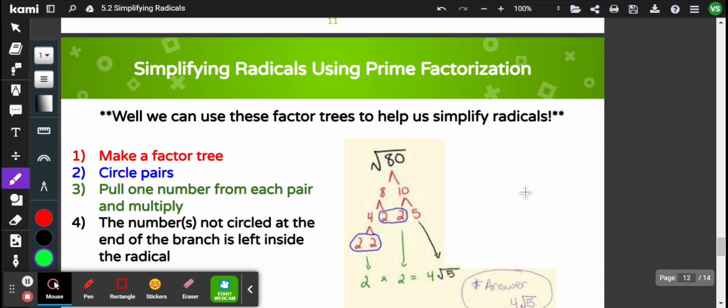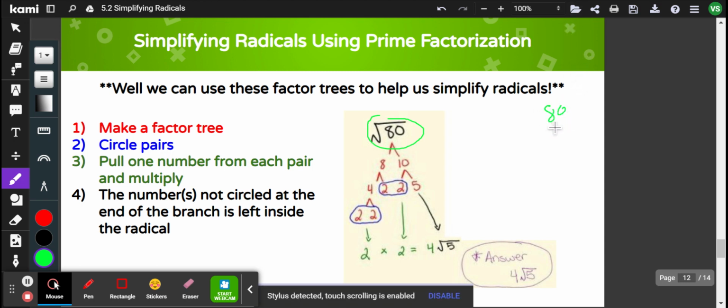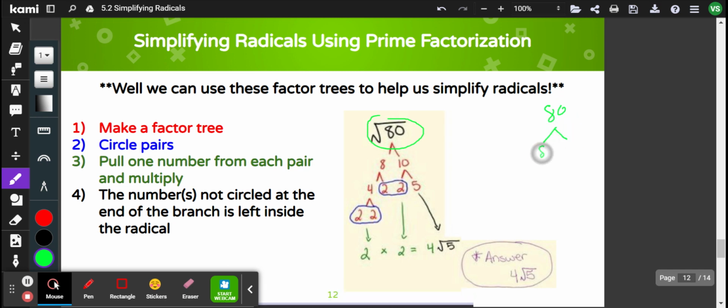Now let's look at how we can use that method to simplify a radical. We're trying to simplify root 80. So we're going to do the prime factorization. I have 80 here, and I can split this into 8 and 10. Then I can split the 8 into 2 and 4, and then the 4 into 2 and 2.